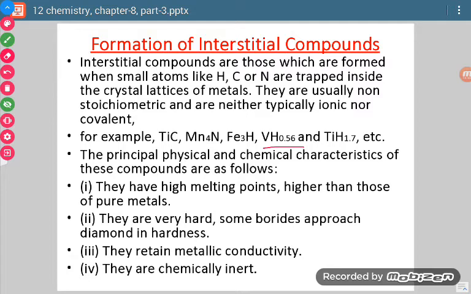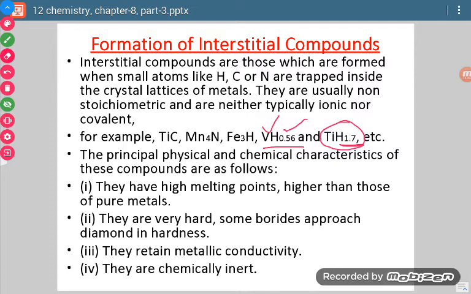It means that if I have 100 atoms of V, then there will be 56 atoms of hydrogen. Okay, their ratio is like that. Here, if I have 100 atoms of titanium, then there will be 170 atoms of hydrogen. Okay, this is the meaning. So in terms of ratio, it is written like that.